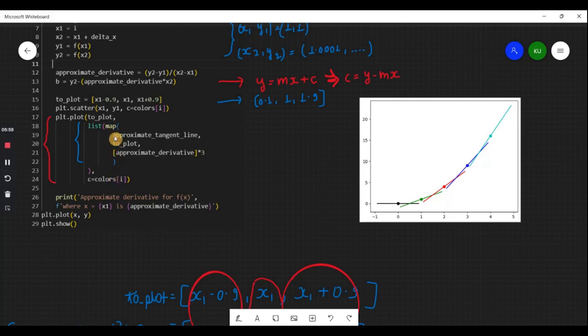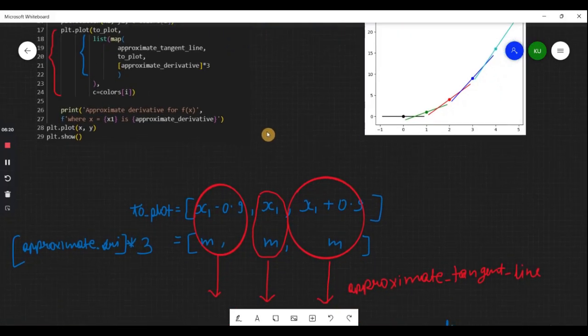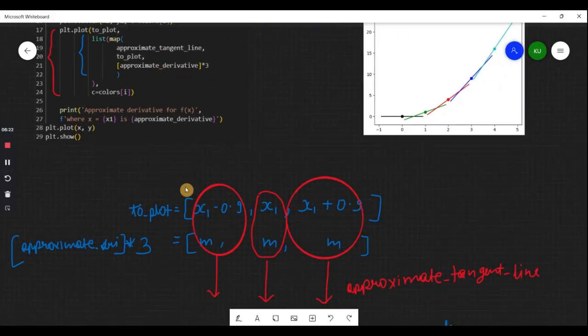Here in the second argument, we are using the map function to generate a list. And inside the map function, we are giving it 3 arguments. The first argument is a function, which is approximate tangent line. And the second and third arguments of the map function are lists. What the map function is doing is that it takes the first element of list 1 and list 2 and passes them to the function approximate tangent line.